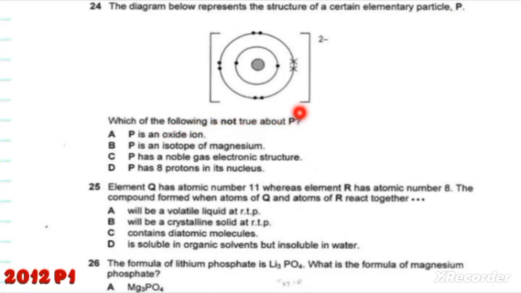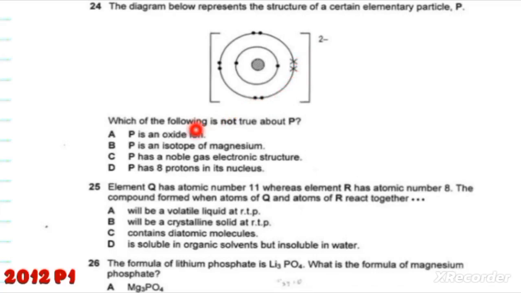Okay. So we have 2 electrons in the first shell and 8 electrons in the second shell, and we can see 2 minus here, which indicates that this particle has gained 2 electrons.